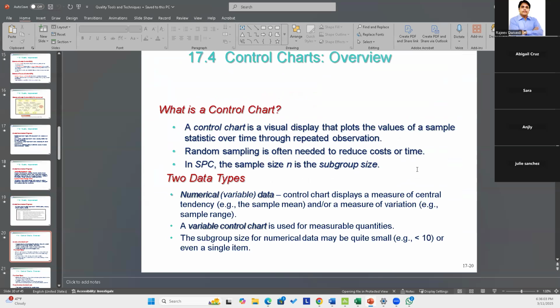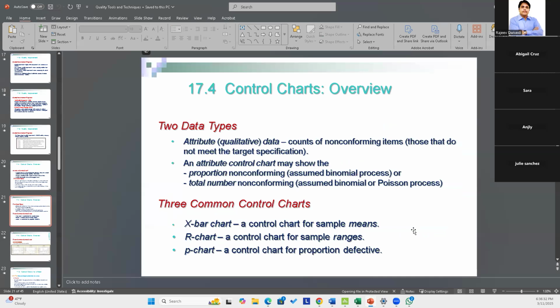So now we come to the control chart. This is for when your process is varying. Basically, it's a chart that tells you whether your process is in control or not in control, or how you can check the variation in the process.